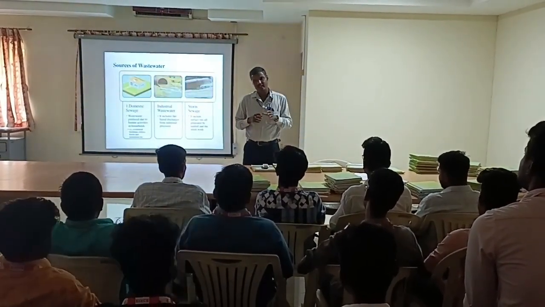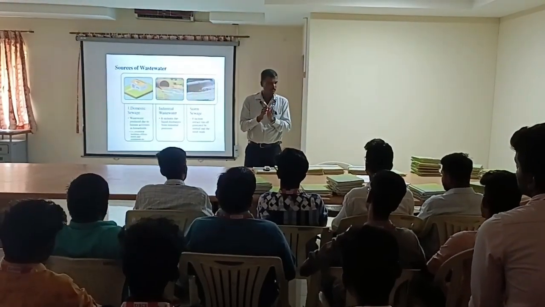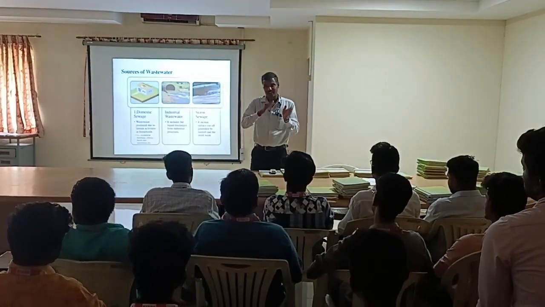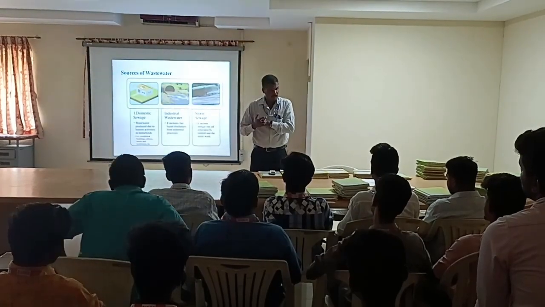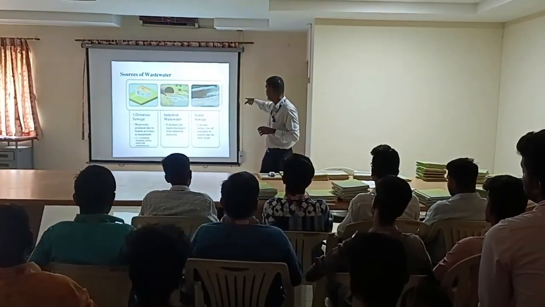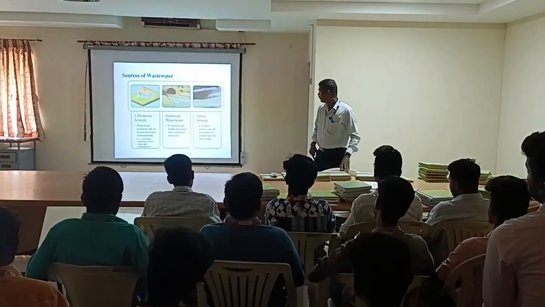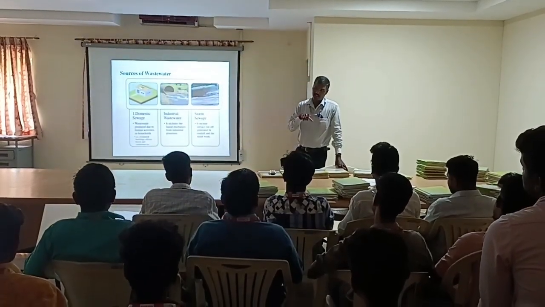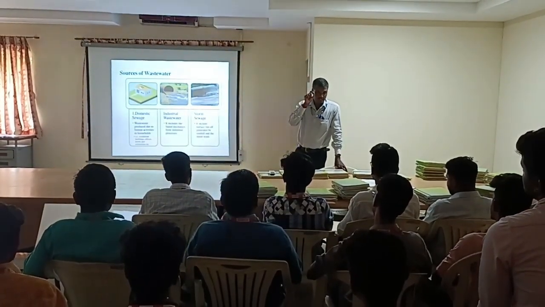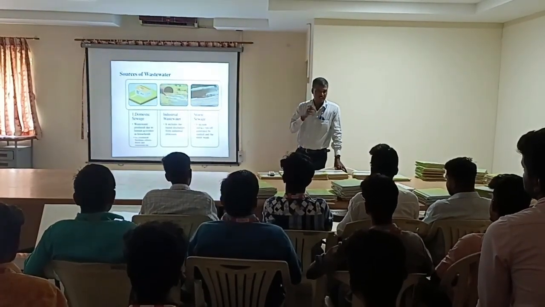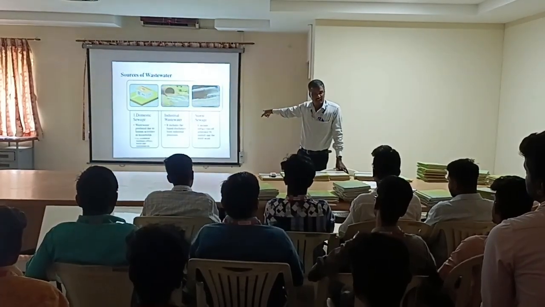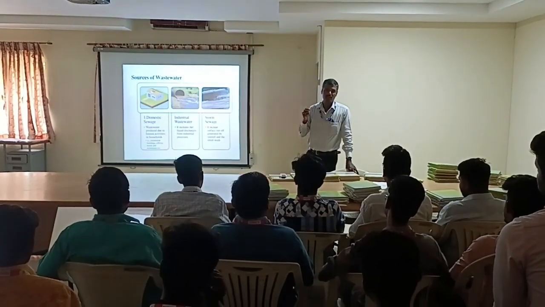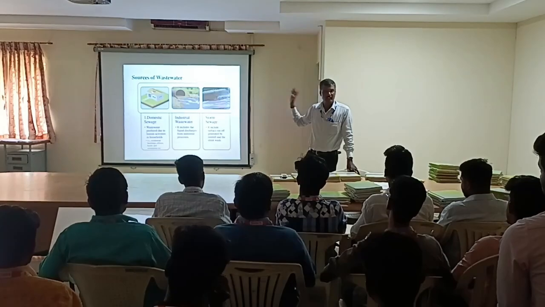All these industries require water for their processing units, and after the processing is complete, the water is discharged as wastewater. That is industrial wastewater, which includes the liquid discharges due to industrial processes. In domestic wastewater, the source is human activities, but in industrial wastewater, it is due to industrial activities.